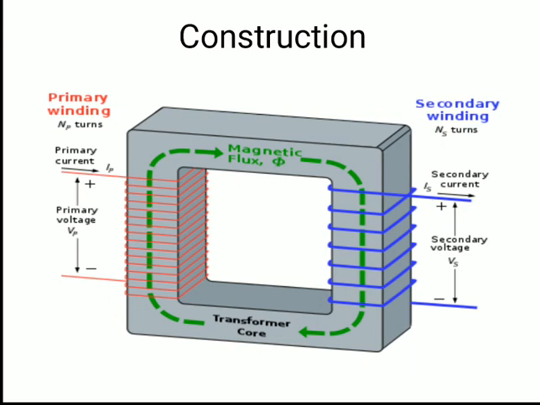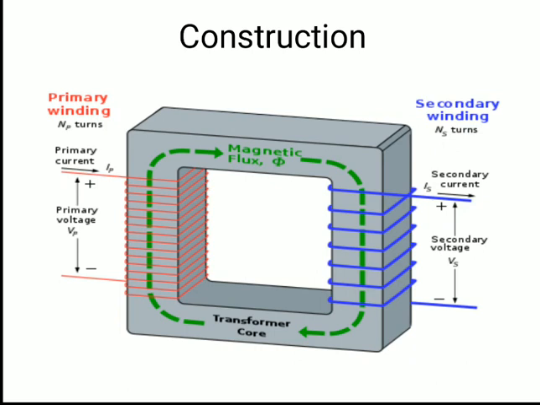In the primary winding we give the main supply, that is AC supply, and in the secondary winding we keep the load. Load means whatever we want to use; it can be anything.